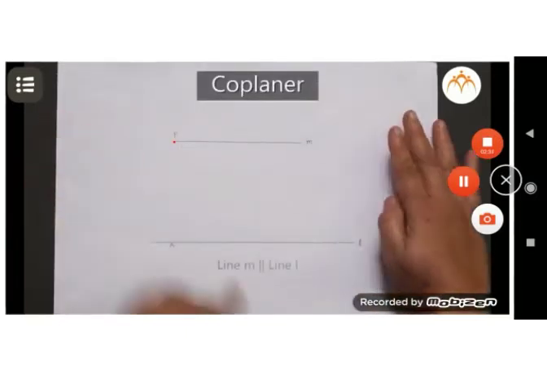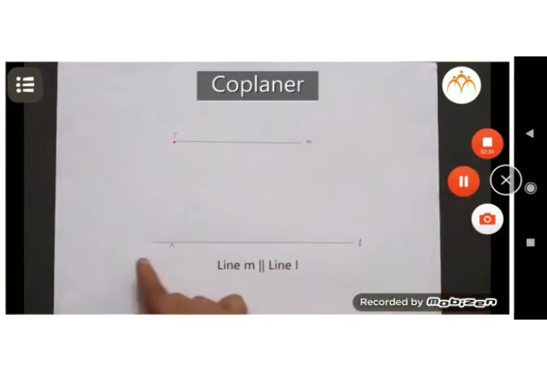Hence, the line M which we have constructed is parallel to the given line L.